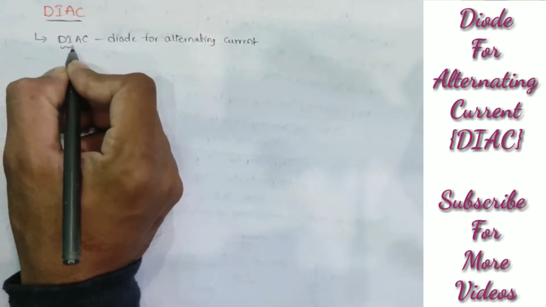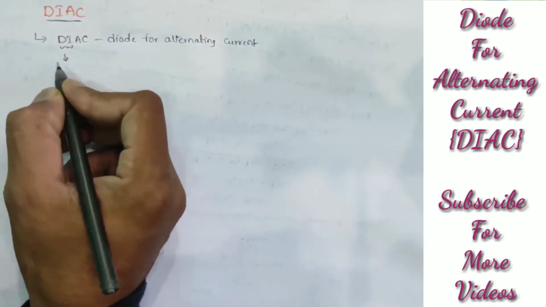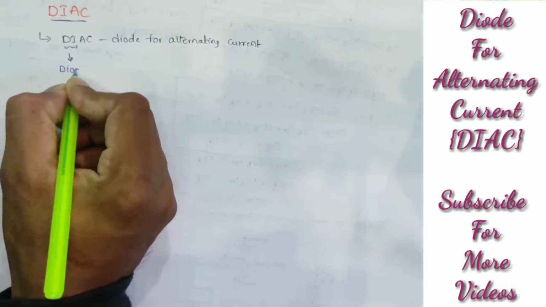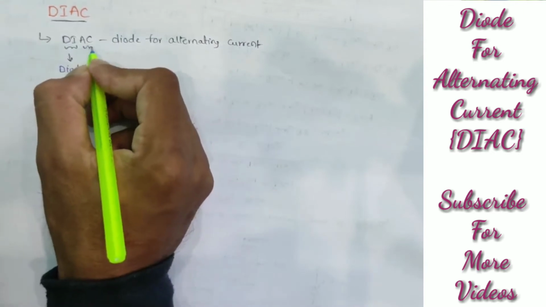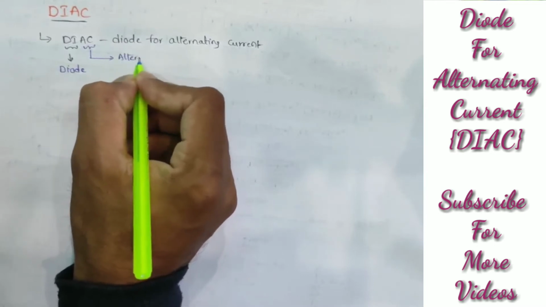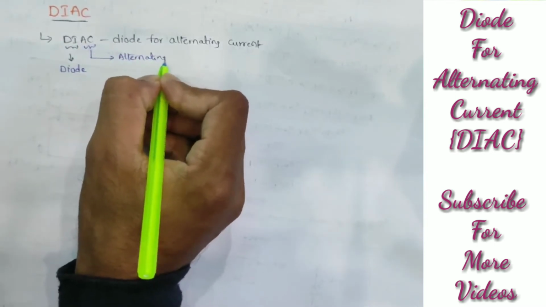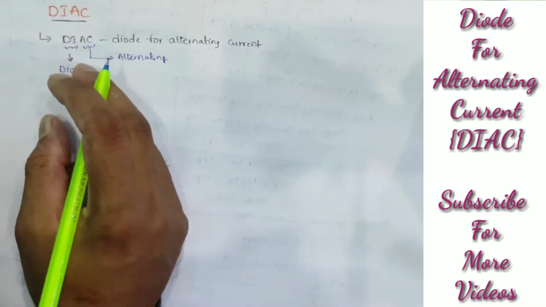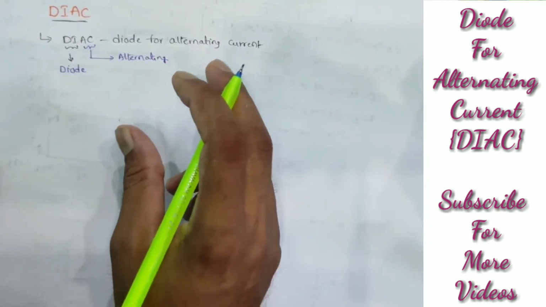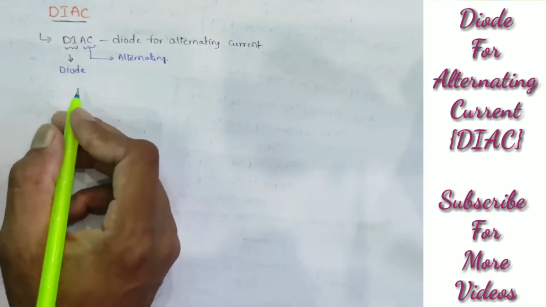Di stands for diode and AC stands for alternating current. So diac means diode for alternating current. The diac is used in AC circuits.